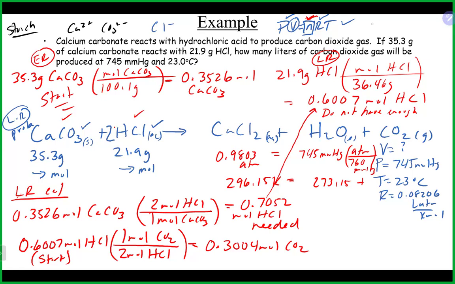We once again can solve for volume, which would be nRT divided by P in this case, again dividing P to the other side to do that.